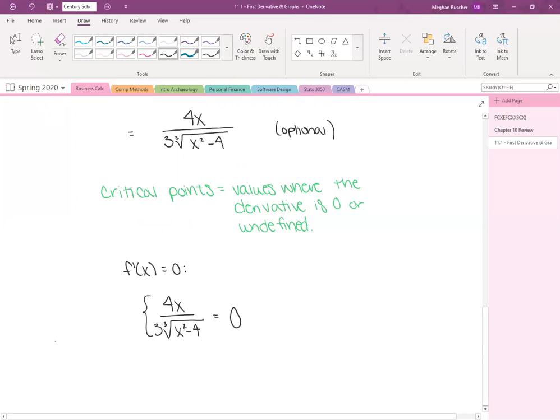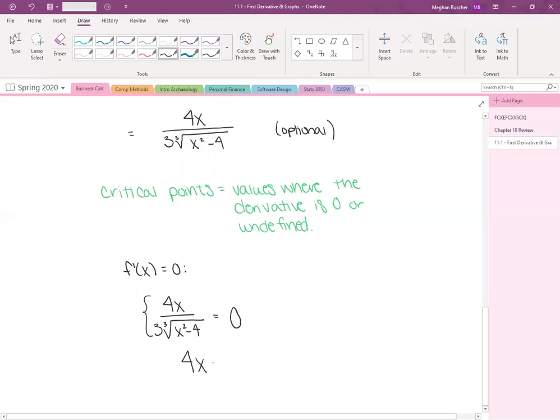Would we multiply each side by the denominator? Exactly, and what does that leave us with? If we're getting rid of this denominator, what is left? The numerator.